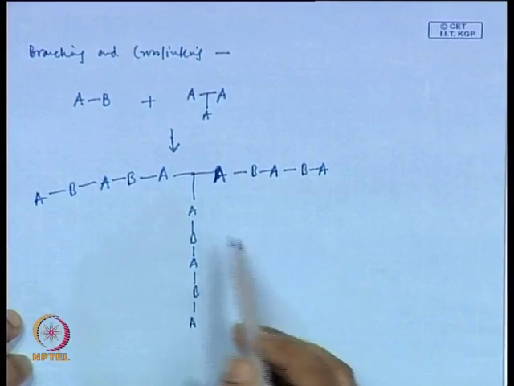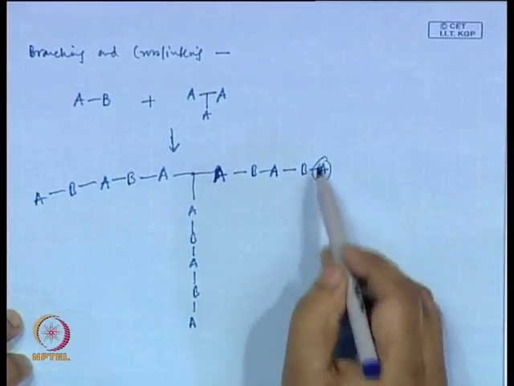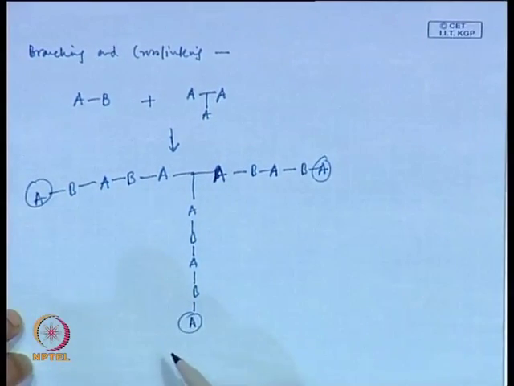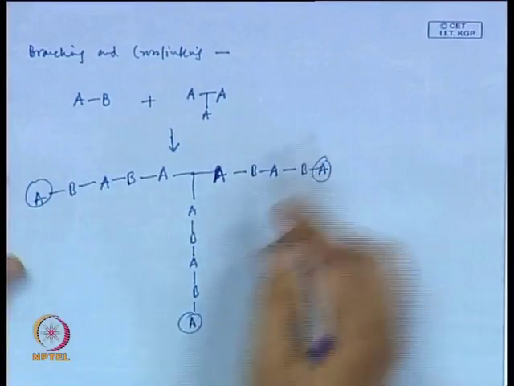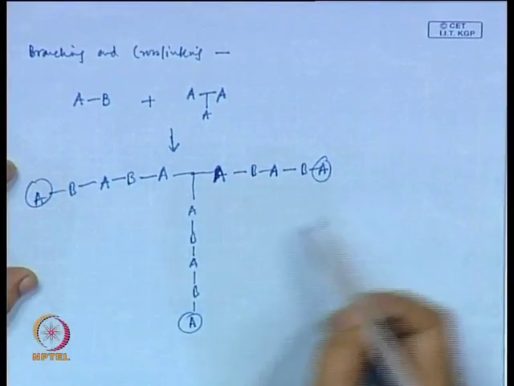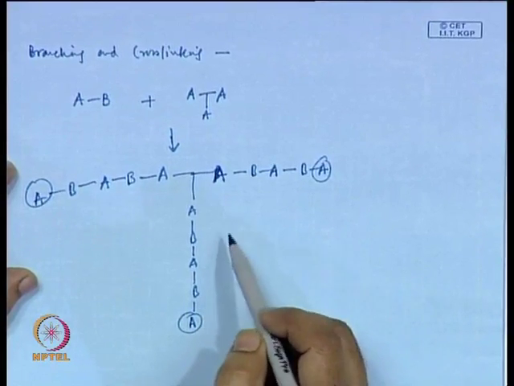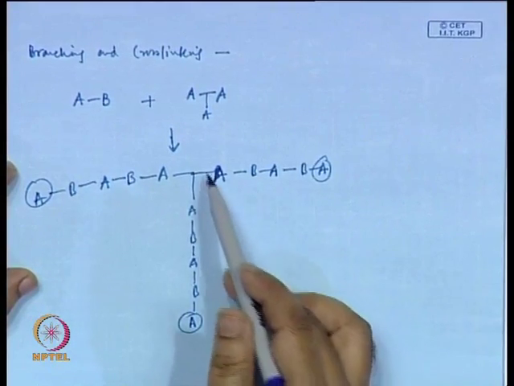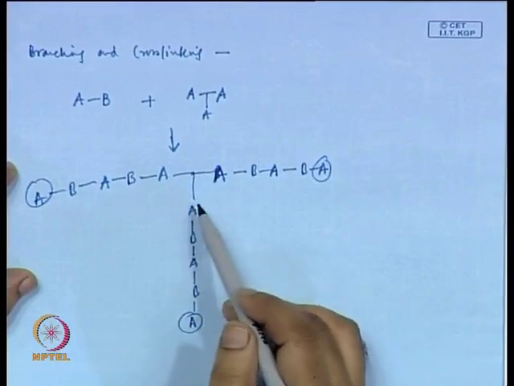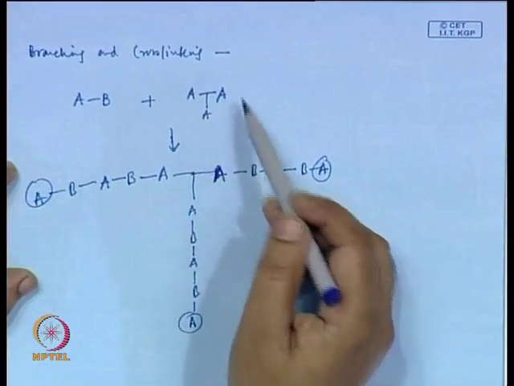Okay. Now, you can see in this case you always have an A group at the end. This is the main linear chain and this is the branch. The number of branches obviously will depend upon the moles of this group.